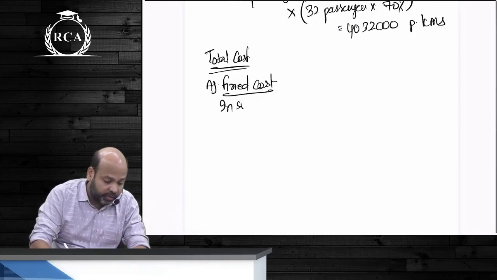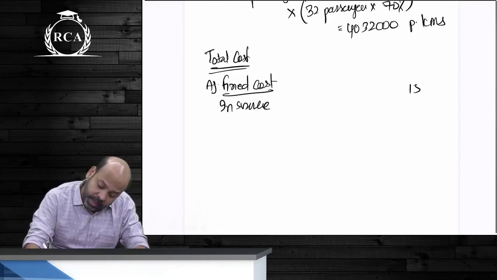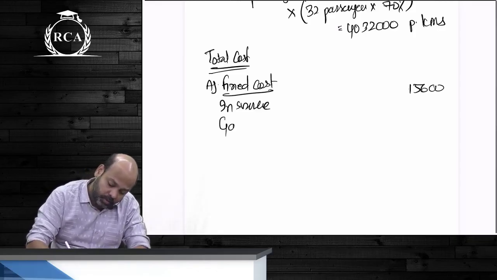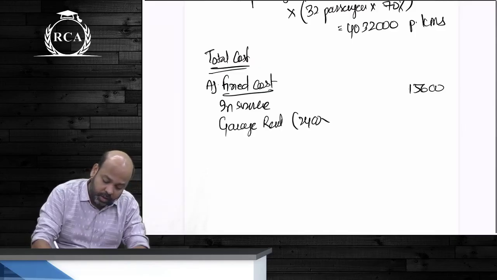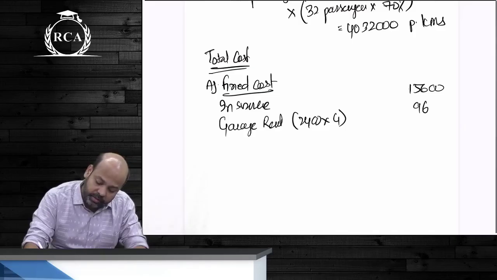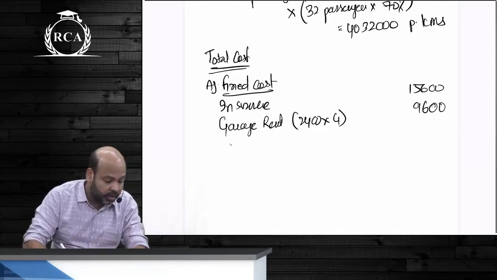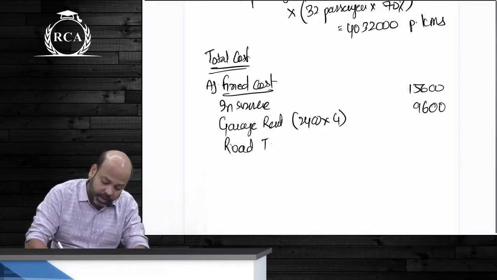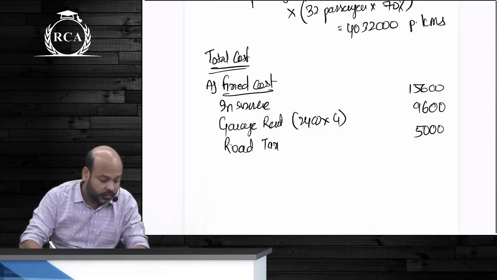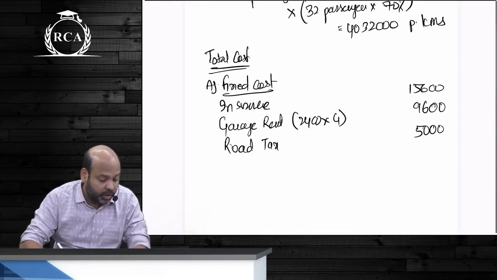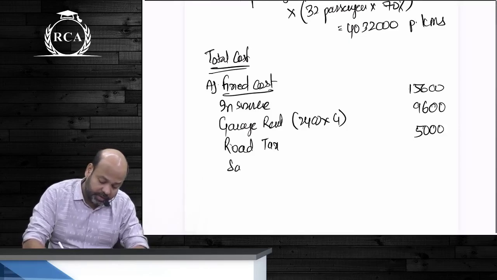Insurance is 15,600 per annum. Garage rent, guys, is 2,400 per quarter multiplied by 4. That will be 9,600. Road tax is already given per annum, it is 5,000 rupees. Repairs, we will put under repairs and maintenance. What is the salary of operating staff?